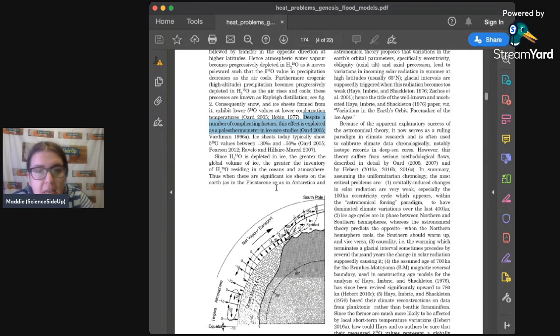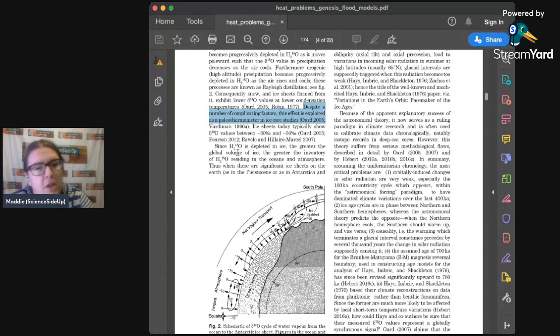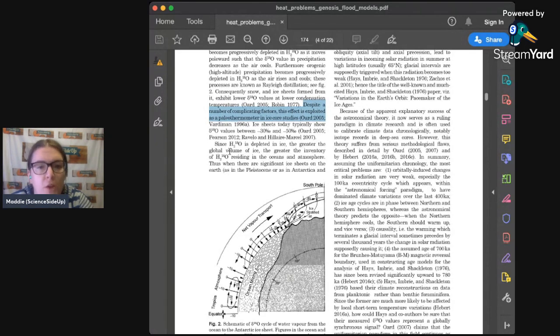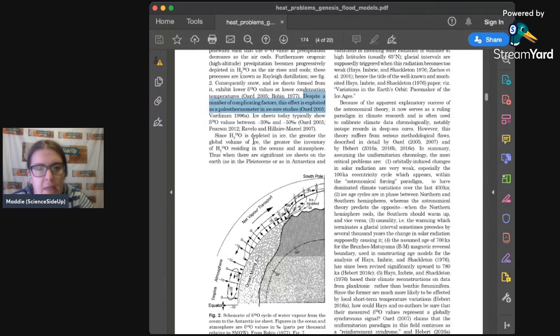Ice sheets today typically show an oxygen 18 fraction between -30 and -50 per thousand. I don't know the exact right word for that. Since water with oxygen 18 is depleted in ice, the greater the global volume of ice, the greater the inventory of oxygen 18 water residing in the oceans and atmosphere.